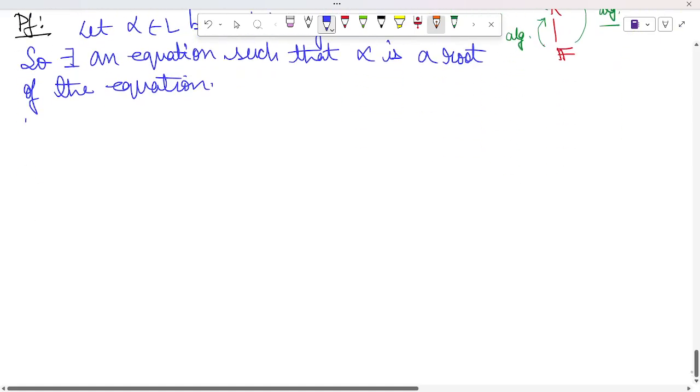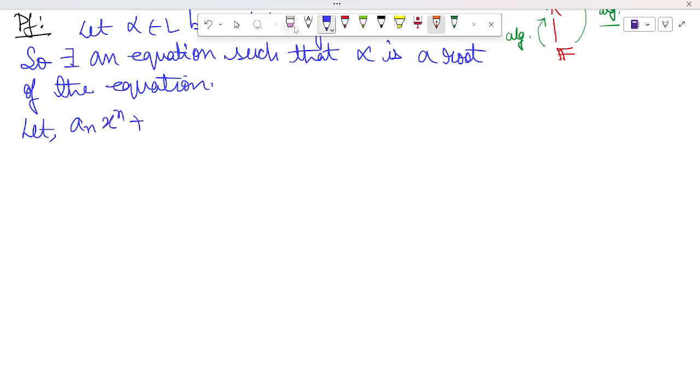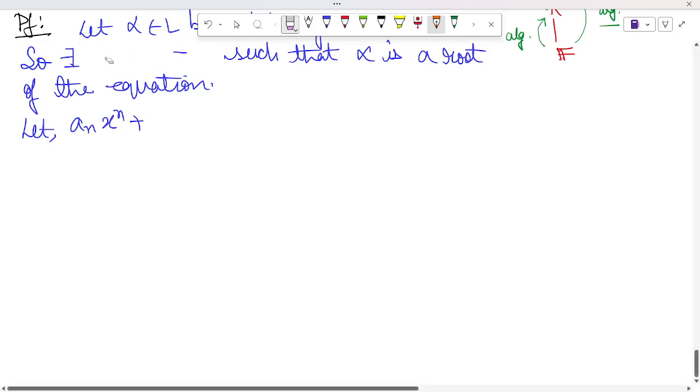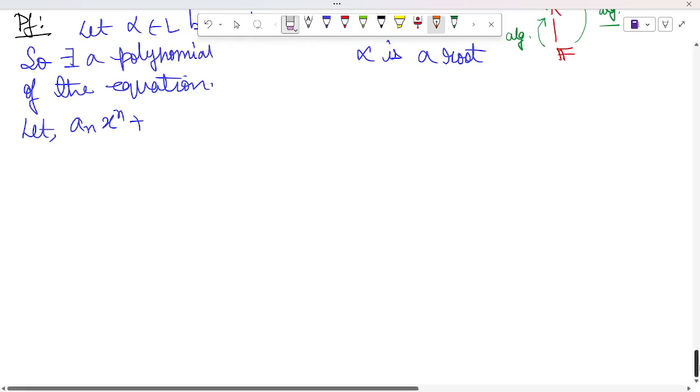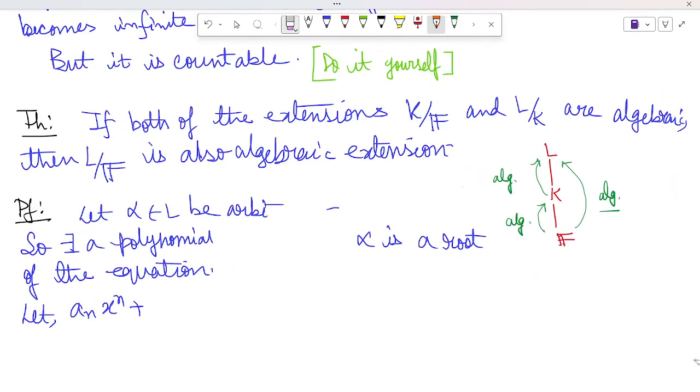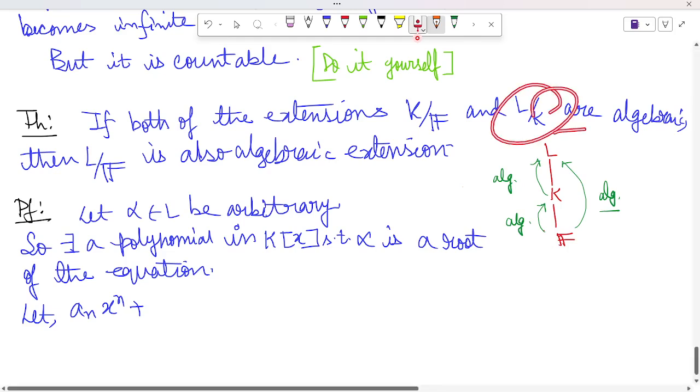There exists a polynomial in K[x], because I am using the fact L over K is algebraic.